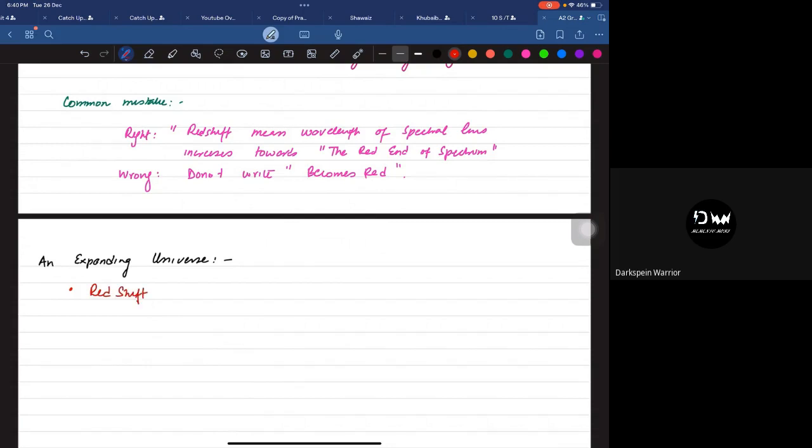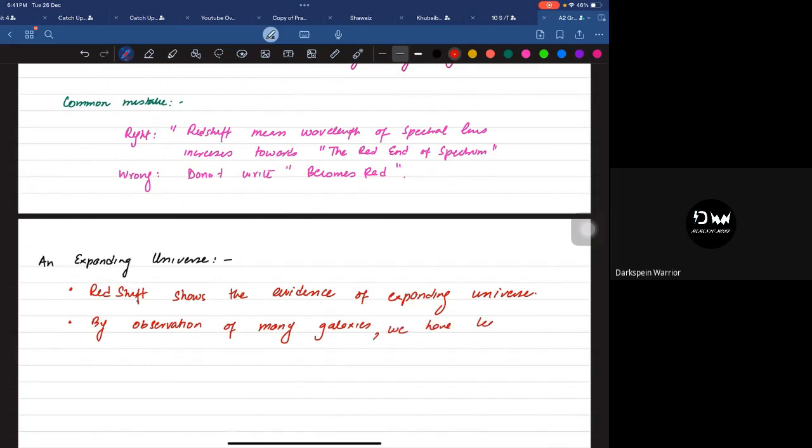Redshift shows the evidence of an expanding universe by observation of many galaxies.